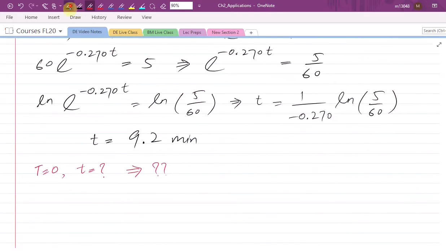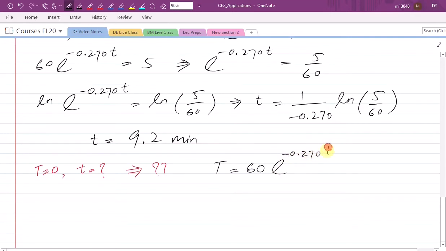Yes, we can tell. Let's write our solution again: 60 times e power minus 0.270t plus 10. We say when t is very large, after a very long time. How do we say a very long time in mathematics? We say limit.